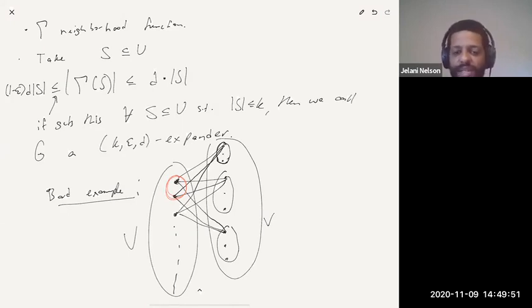If you take any subset of vertices on the left, they don't overlap too much in terms of who they hit. Okay, there can be some overlap because that's why you have that epsilon loss there, but it shouldn't be too much overlap. Okay, so now you can show that good expanders exist.